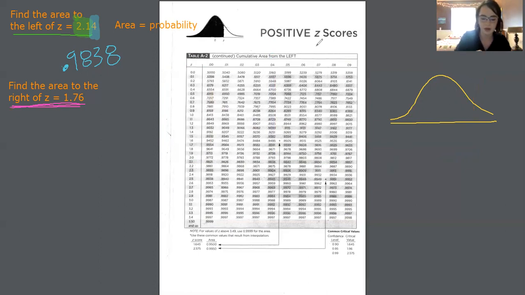Hopefully you noted that the table is only going to give us the area to the left. If we have this z-value right here, 1.76, and we're trying to find the area to the right of it, what's one thing we've learned that would help us solve this problem?